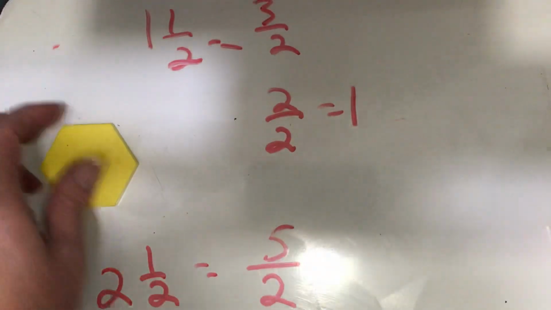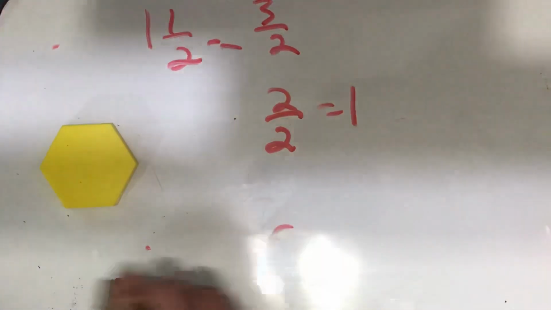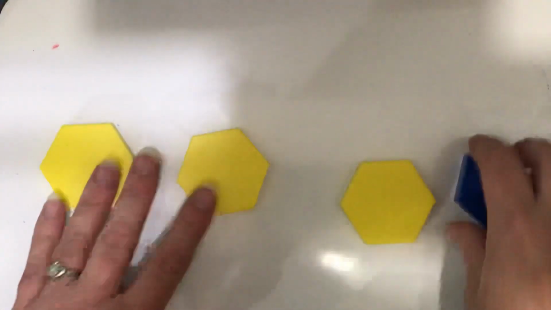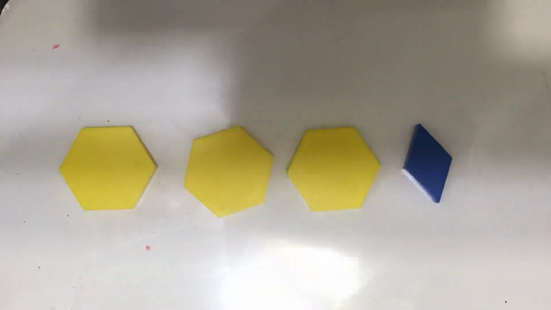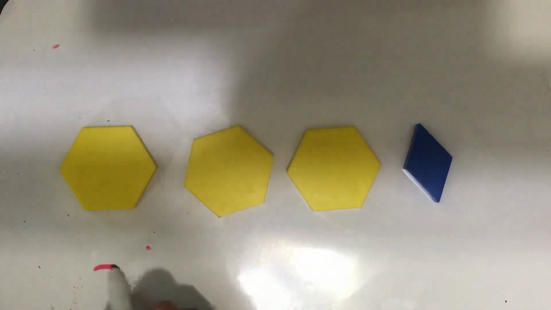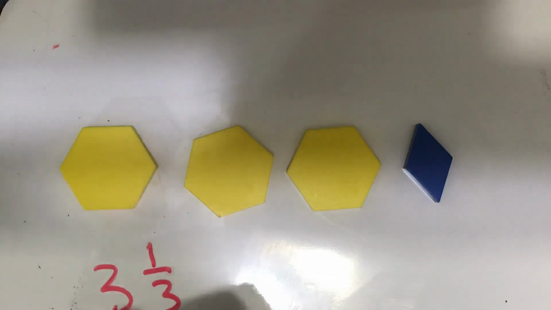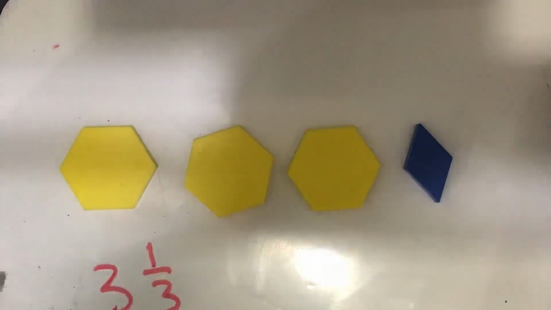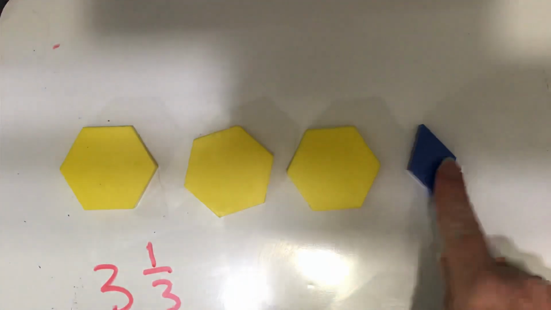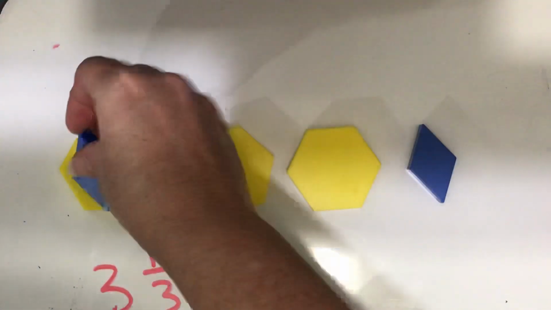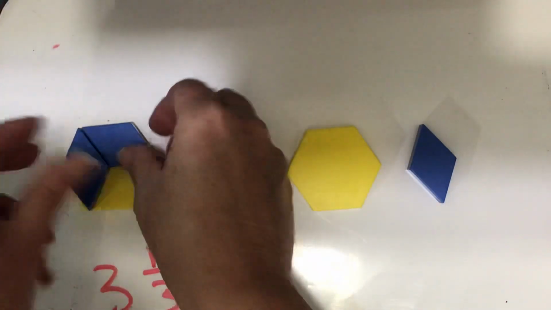All right, let's look at another mixed number. This time I'm going to make 3 1/3, and I want to change that to an improper fraction. So here I have 3 1/3. Now I know, this time I'm going to do thirds because I have a third here. I know that each whole equals 3/3.